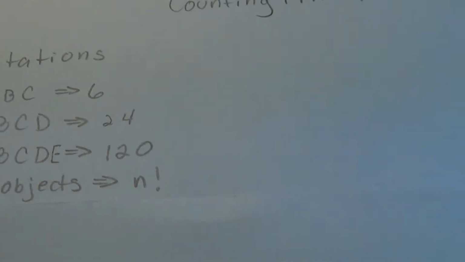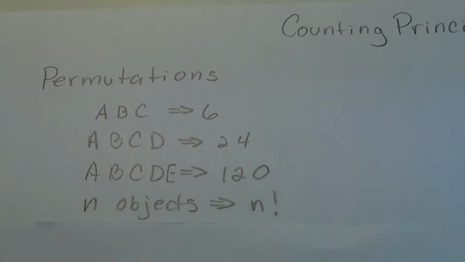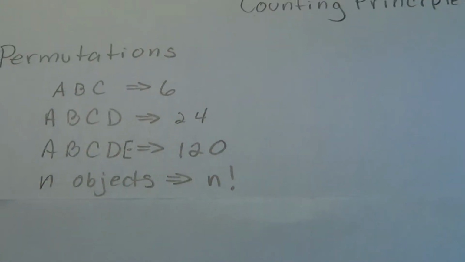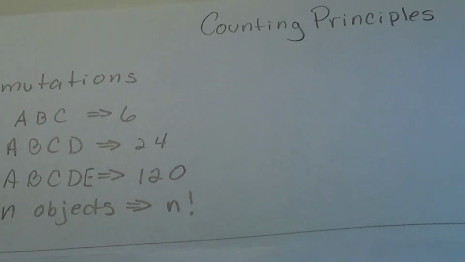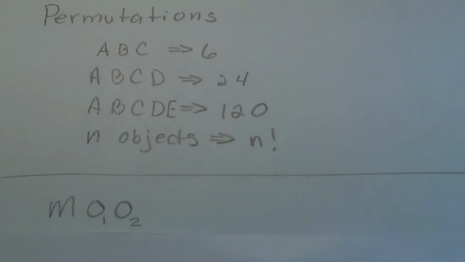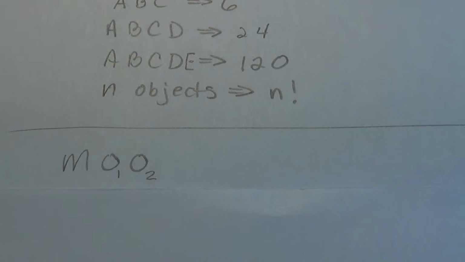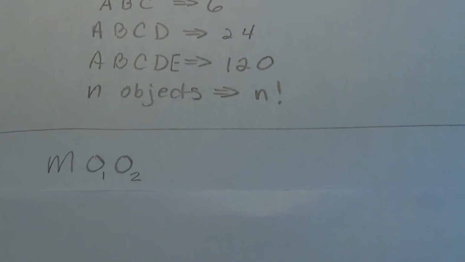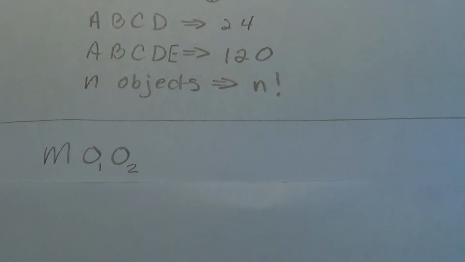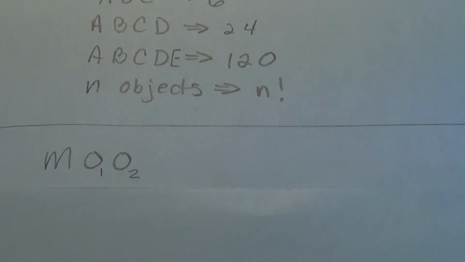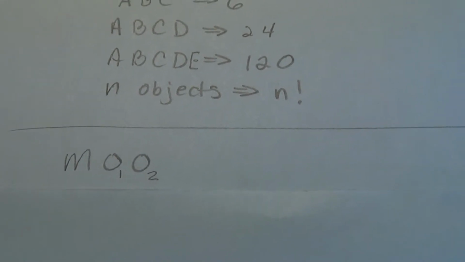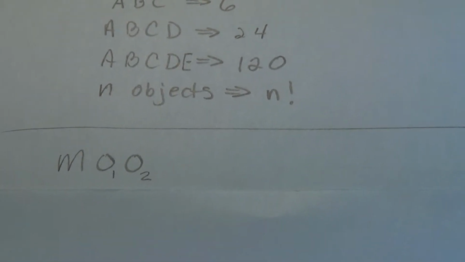We're going to add to this knowledge with more practice on permutations. If we have the letters in the word moo, M-O-O, so we can tell one O from the other, I've subscripted them, M, O sub 1, and O sub 2. As you take notes, do that as well.